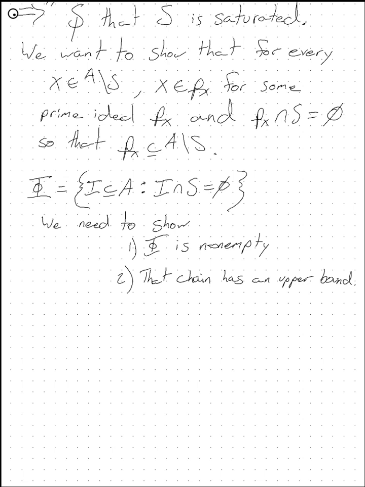Okay, but for every x in the complement, and here we do need to assume that A minus S is non-empty. Because if that wasn't the case, then Phi here would be empty. We're going to go ahead and assume that 0 is not in our multiplicative set.